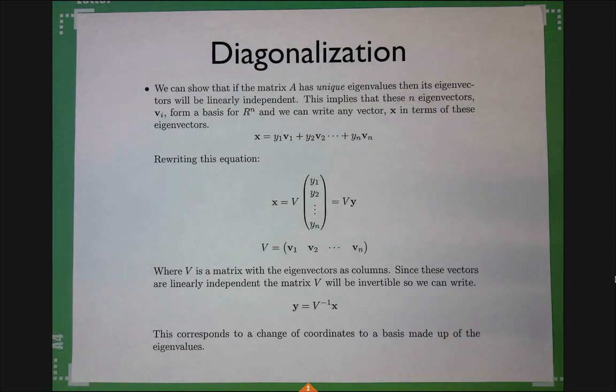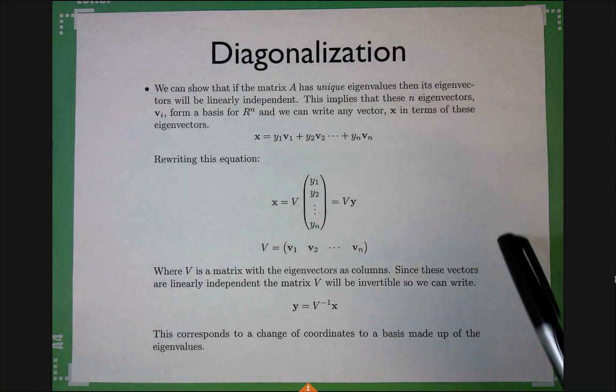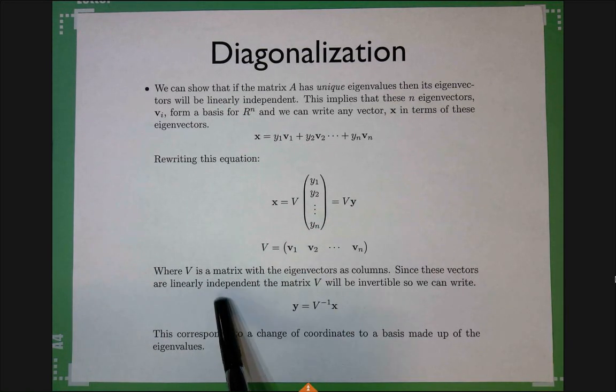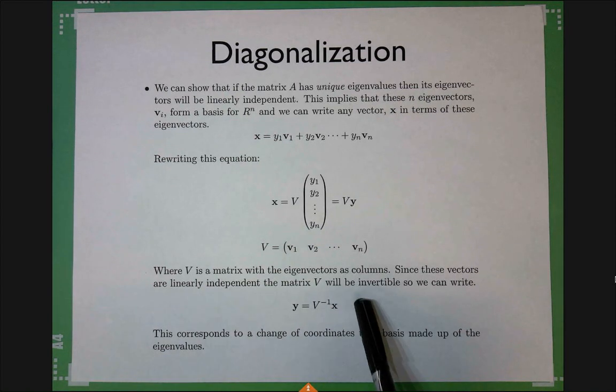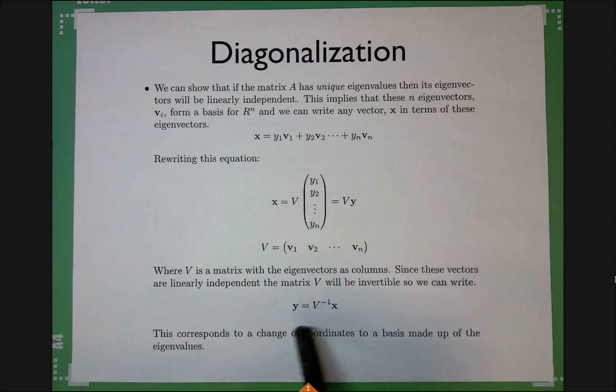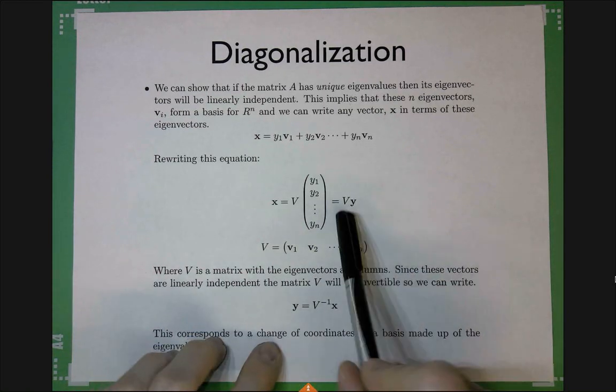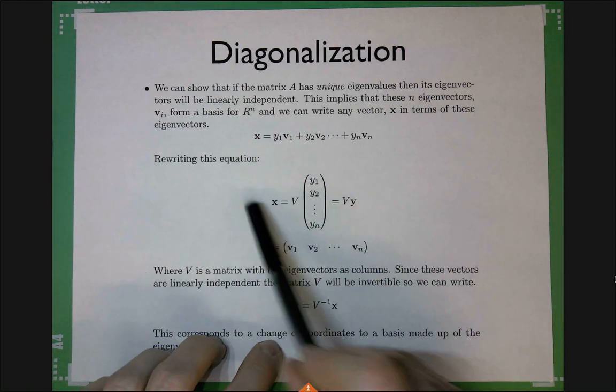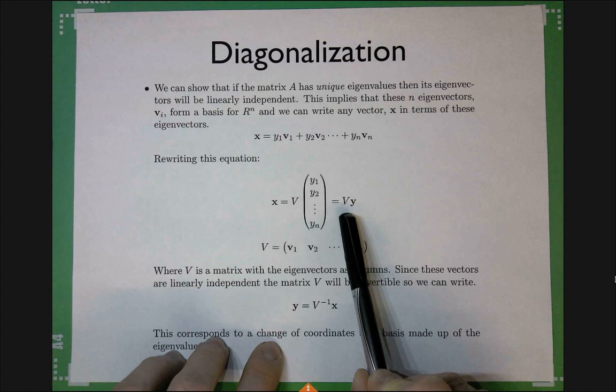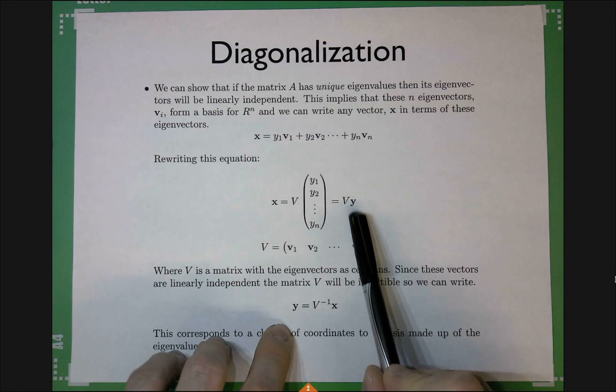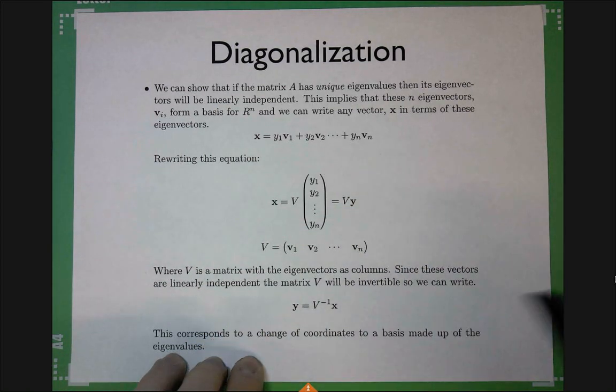That's one condition under which the eigenvectors must be linearly independent. Then the matrix is invertible, since its columns form a basis. So we can also flip it: we can multiply by V inverse, which is now well defined, and recover y as V inverse x. This is how we get the coordinates to begin with.